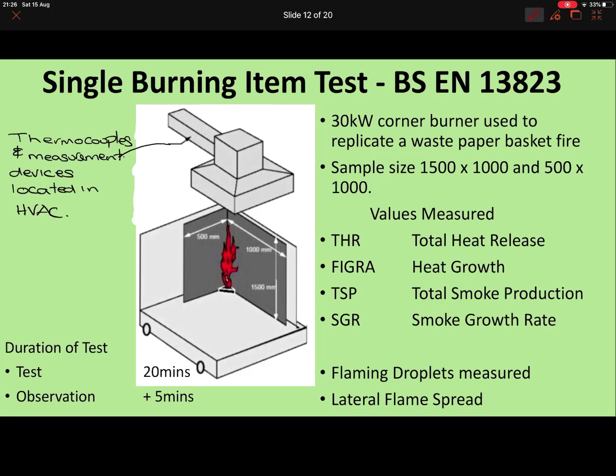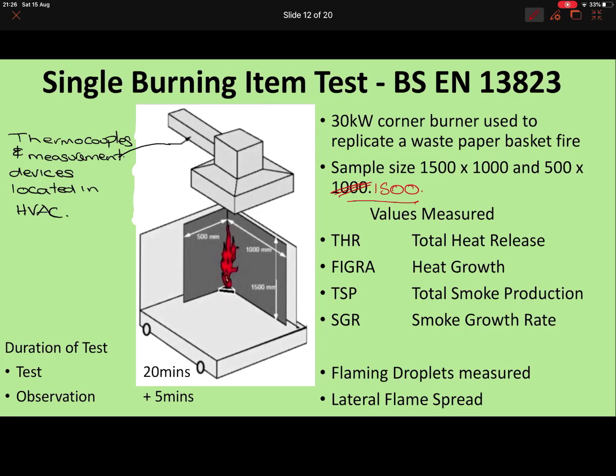And here it is, a little bit more information. 30 kilowatt burner, what we've said, replicates a waste paper basket fire. The sample size is, like I said, 1500 times 1000, and 1500 times 500, so that should be 1500.